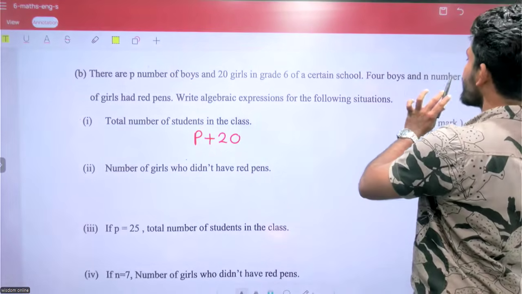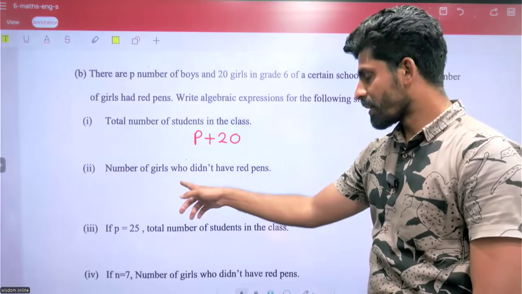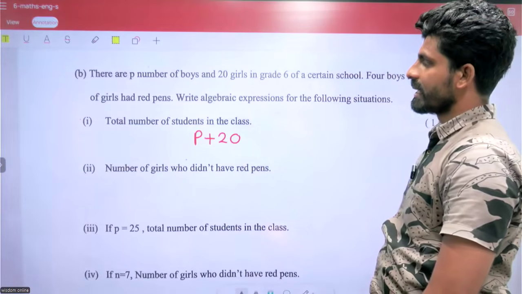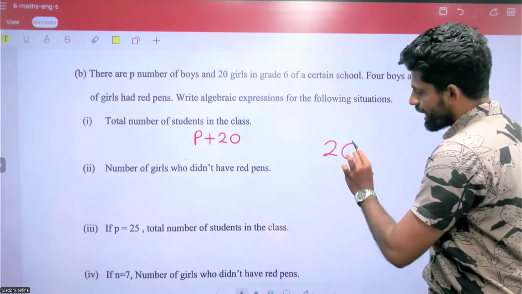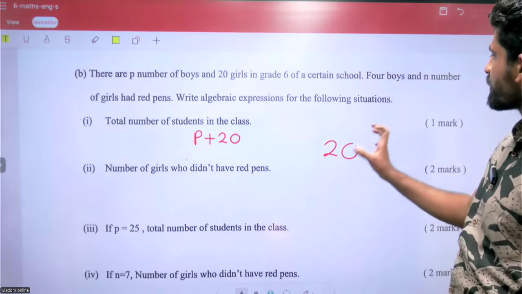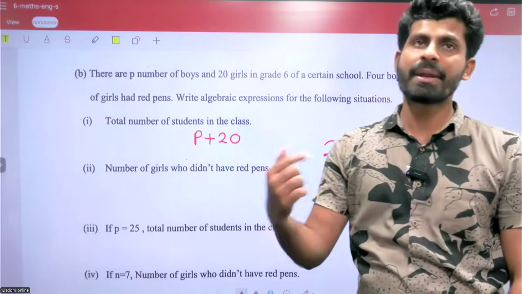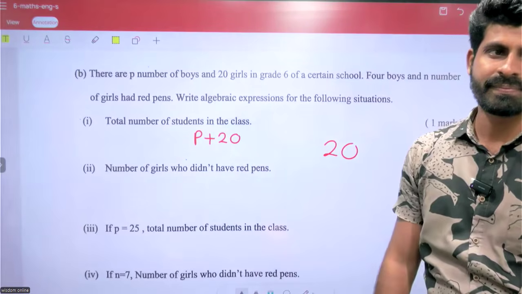4 boys and n number of girls had red pens. Number of girls who didn't have the red pens. There are 20 girls, and out of those 20, n number of girls had red pens.